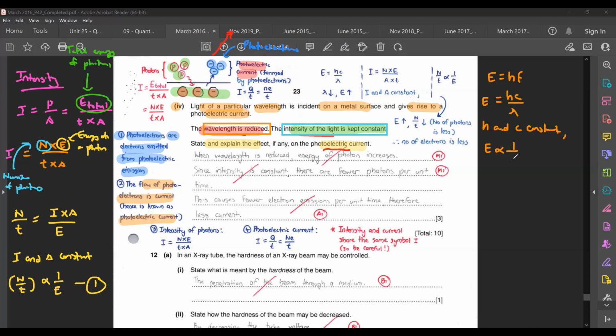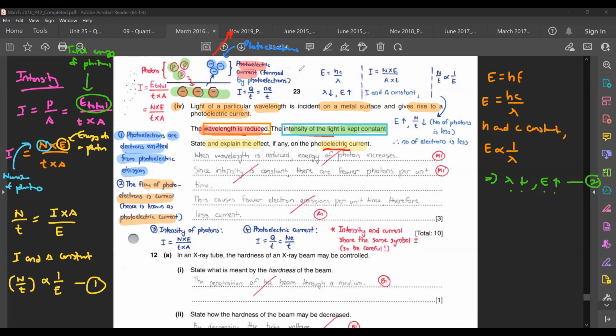Therefore, your photon energy is inversely proportional to your wavelength. If your wavelength is now reduced, it follows that your photon energy must increase. So this is another relation that you can deduce.